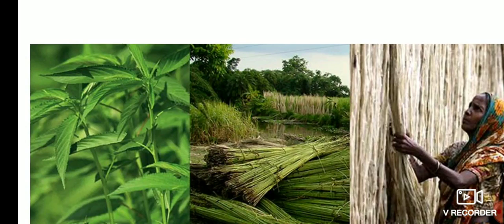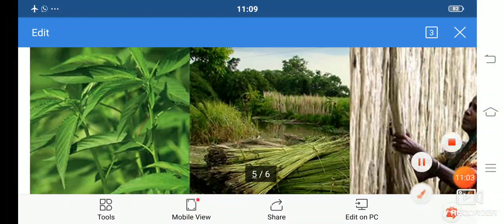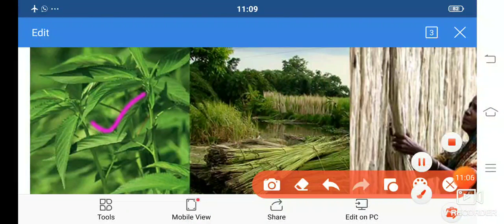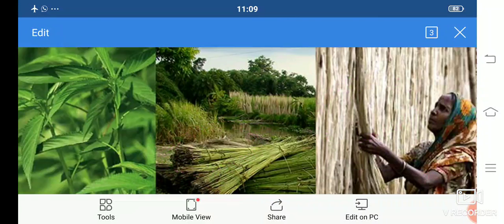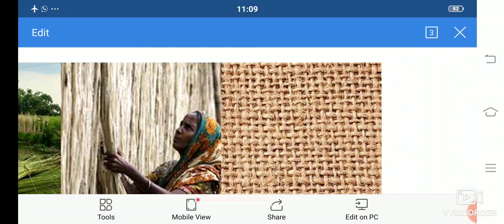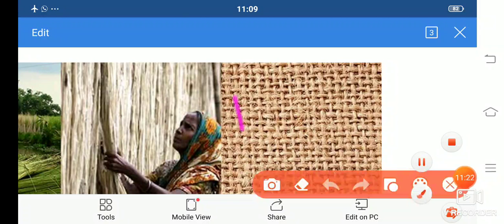This is jute plant. Here you can see the jute plant, right? It is cut, harvested jute, and these are the jute fibers. Clear, students? And here you can see, this is jute fabric.